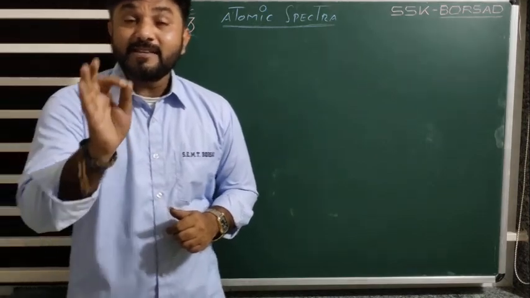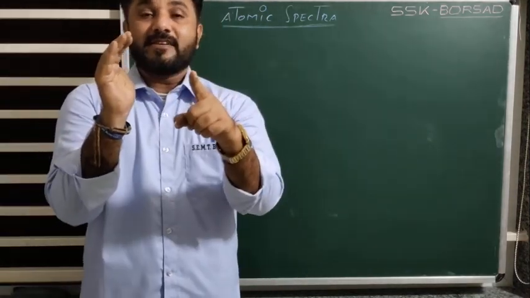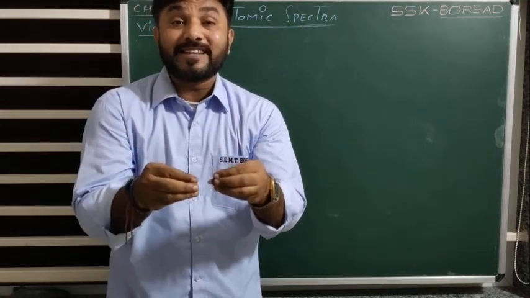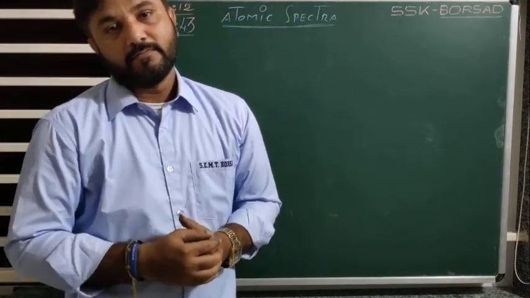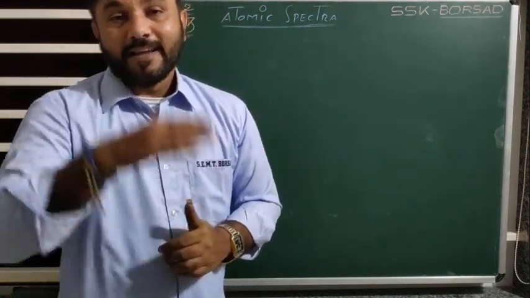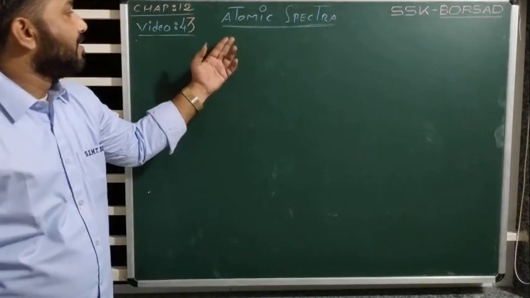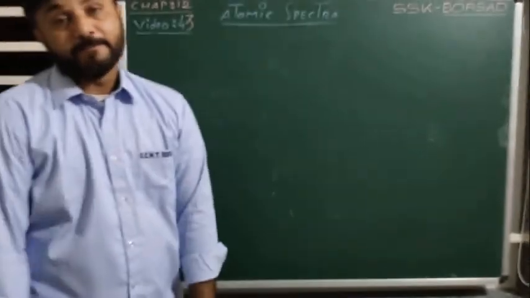When there is a collision between the scattered alpha particle and the ZnS screen, there are flashes of light. Got it? And those flashes of light give us some lines that are known as atomic spectra.